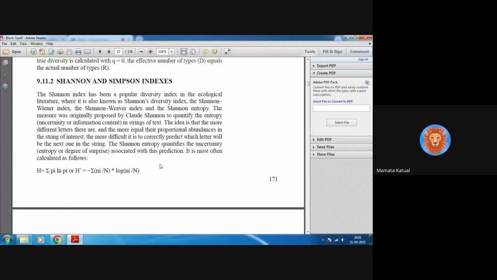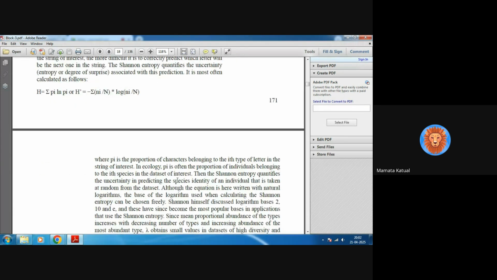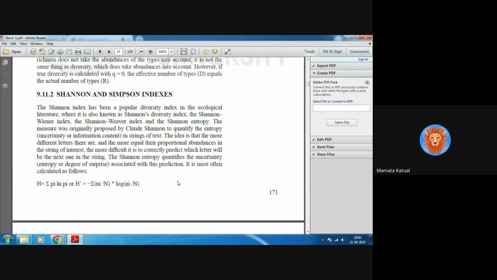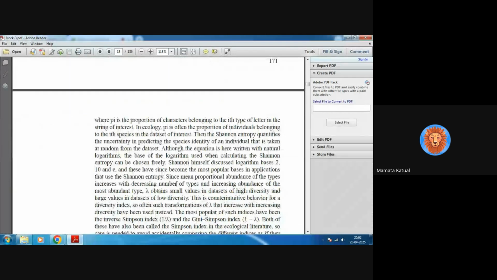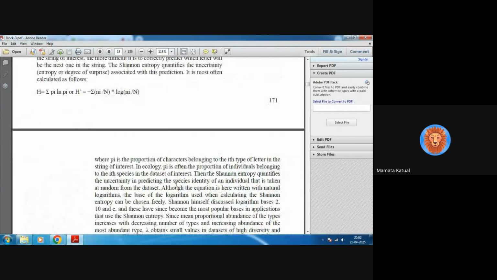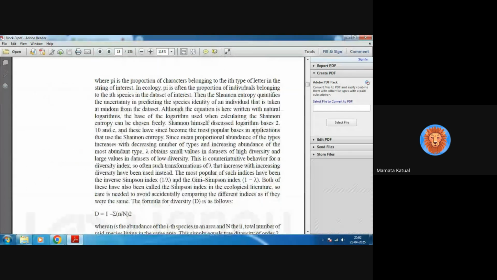If the value of the Shannon index is less, then it has less diversity, and if the value of the Shannon index is more, then it has more diversity.